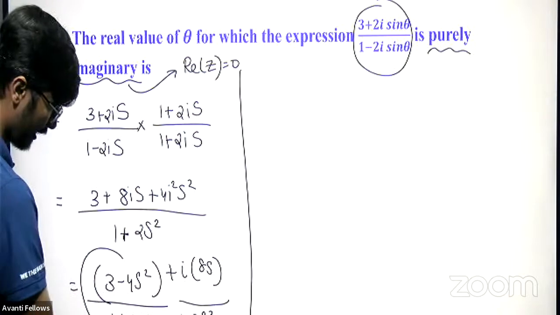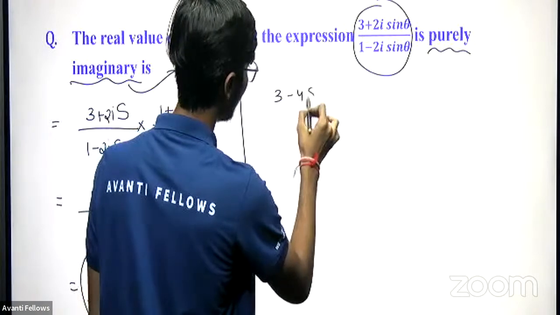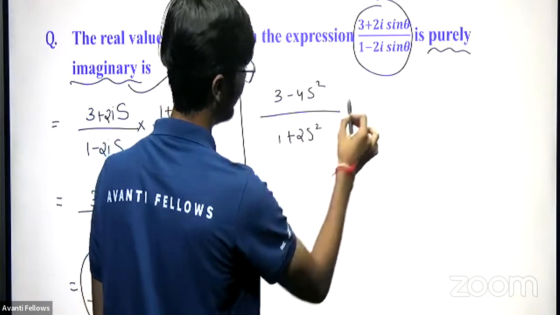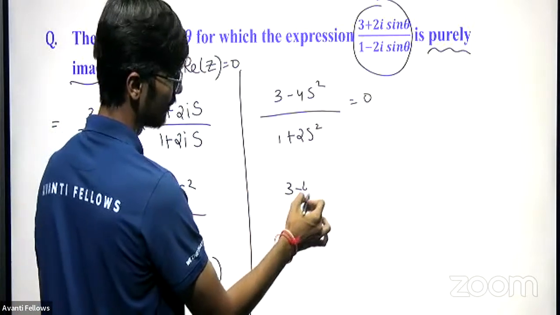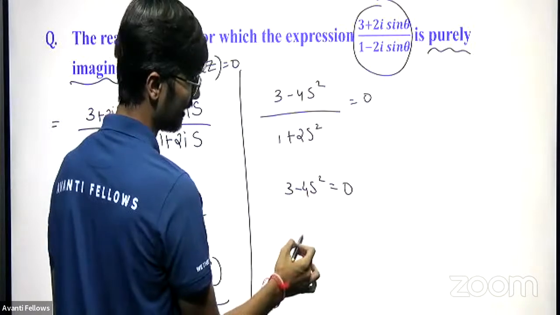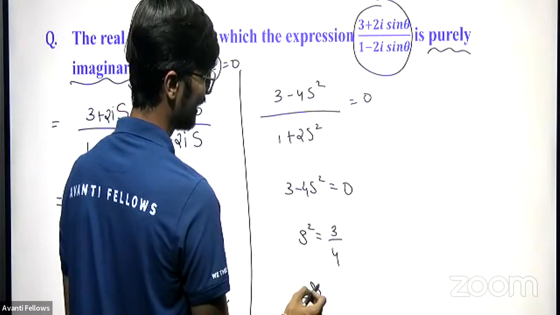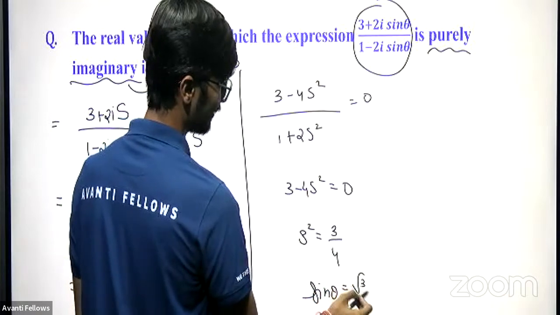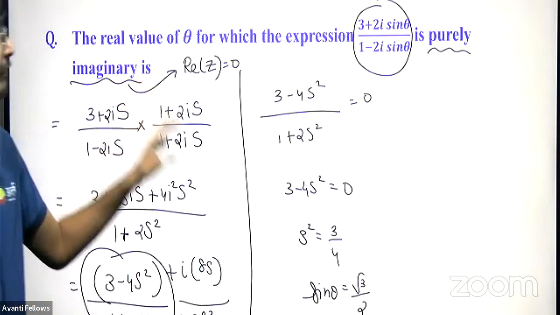This is the real part. So that means (3 minus 4 sine square theta) upon the denominator will be equal to 0. If we cross multiply, I'll get 3 minus 4 sine square theta equals 0. That means sine square theta equals 3 by 4. So sine theta is equal to plus or minus root 3 by 2. Find the real value of theta.